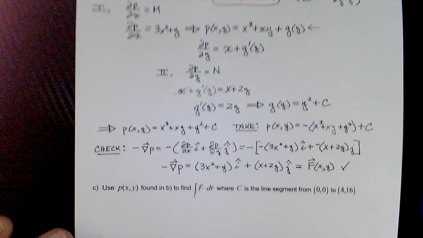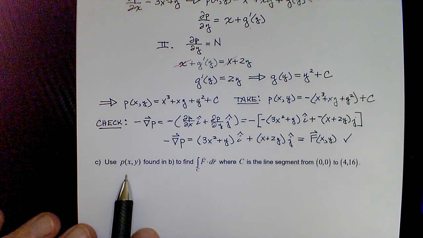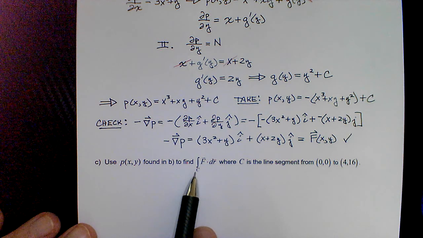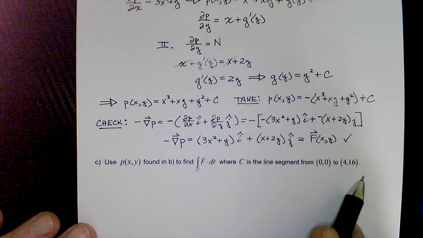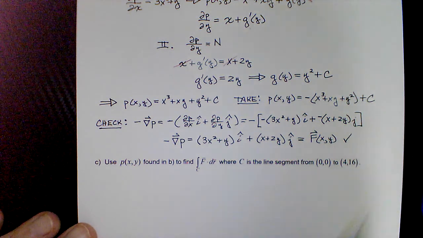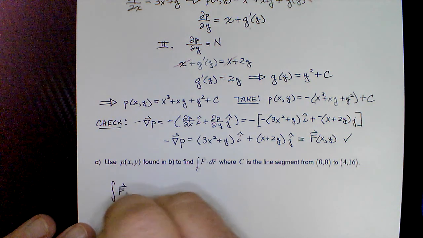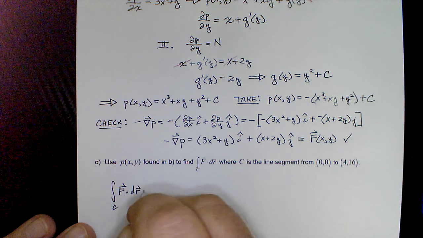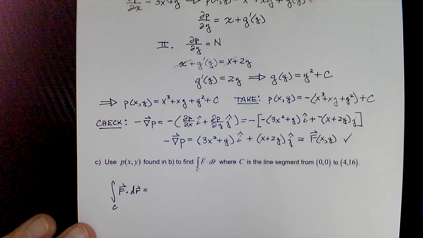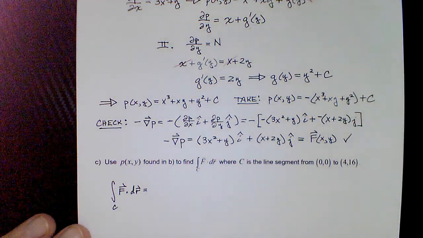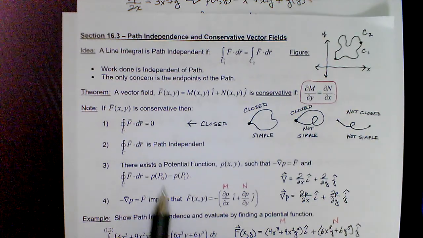Okay, so now they want us to use P of x, y, the potential function that we just found, to evaluate the integral, where C is the line segment from (0, 0) to (4, 16). So the integral of F dot dr is equal to, okay, this is from our earlier theorem.